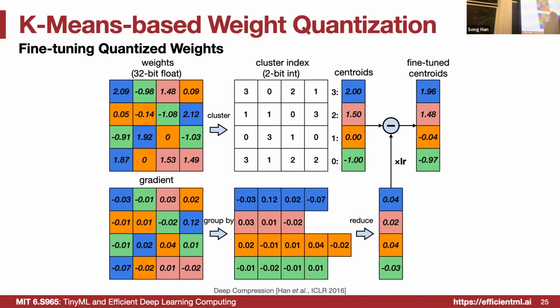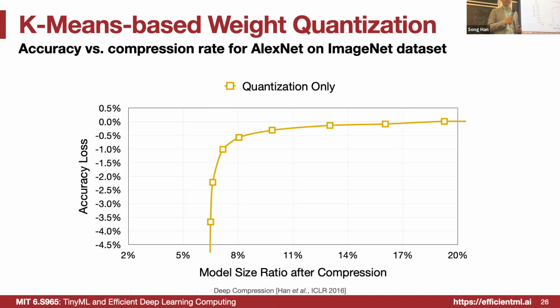This is the summation of the gradients to change the centroid. Then we multiply by the learning rate and subtract it from the original centroid, and we get the updated fine-tuned centroid. This is the way to fine-tune such a weight-shared neural net.